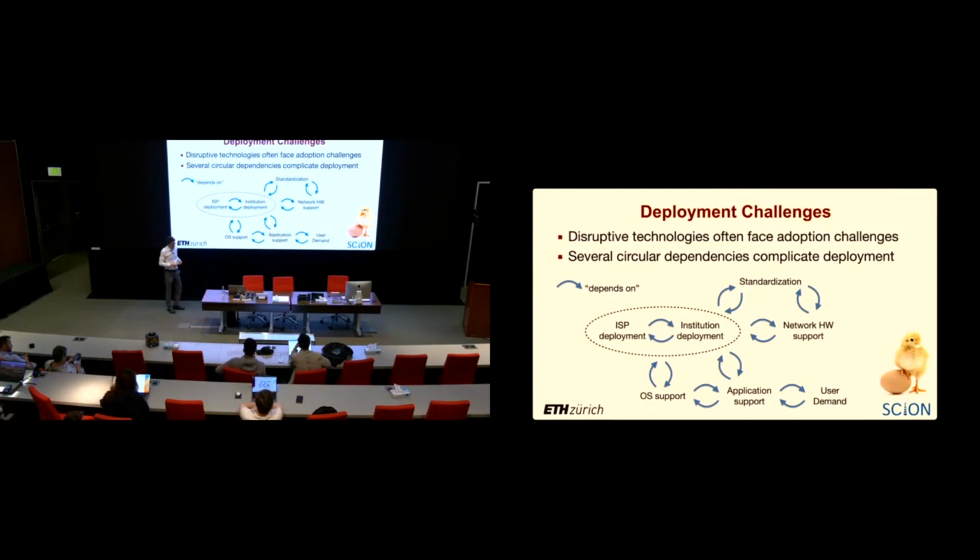Because unless the big hardware suppliers implement this, why should an ISP actually deploy this? And similarly, dependence on standardization, dependence on operating system support, which depends on application support in a mutual way, and also user demand. So you see, it seems almost infeasible to get started with a new internet architecture.